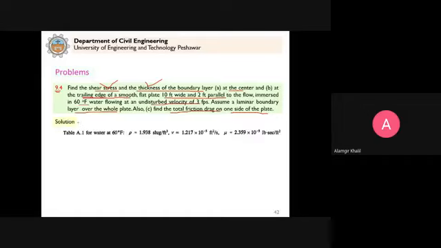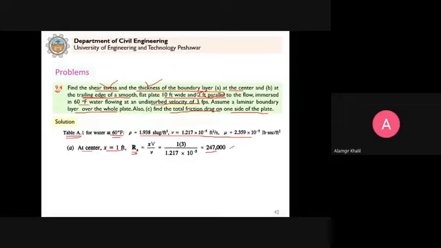So for this case, in table A1 in the book, for this temperature you need to read the fluid properties. And we studied at the center of the plate. Plate is how much? 2 feet parallel to the flow. So that's why center of the plate will be 1 foot. This is Rx, the local Reynolds number, and x is 1. You calculate this.